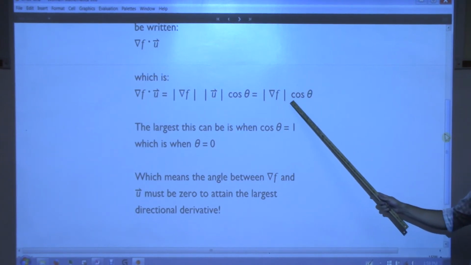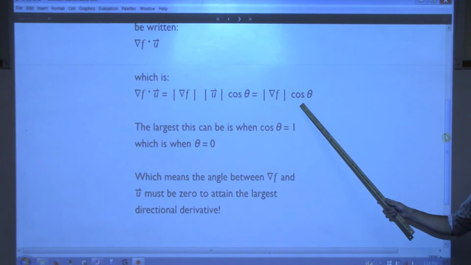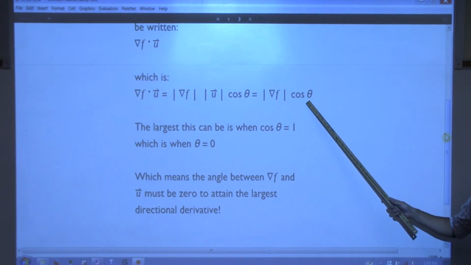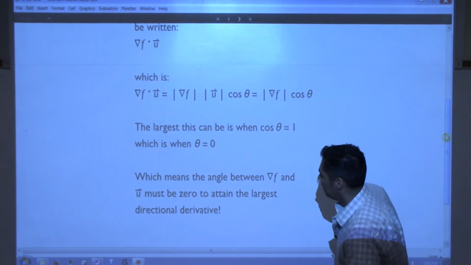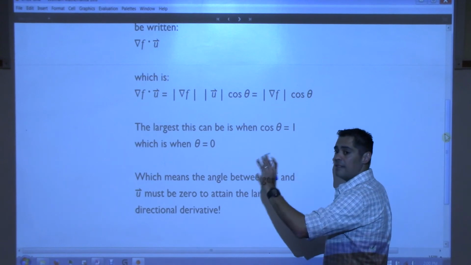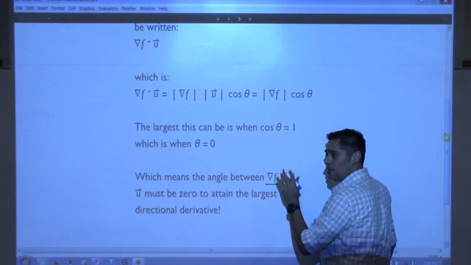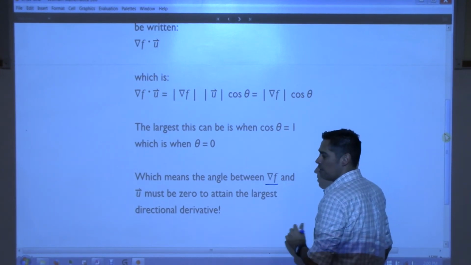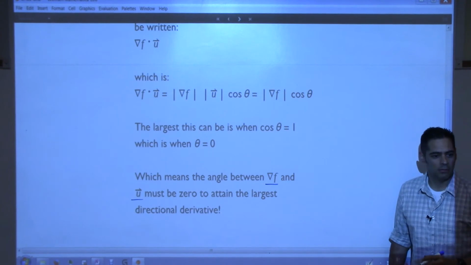Cosine, the biggest it can be is 1, and the way you get cosine to be 1 is by letting the angle be 0. That means that to get the biggest possible directional derivative, the angle between your gradient vector and the direction that you're pointing must be 0.